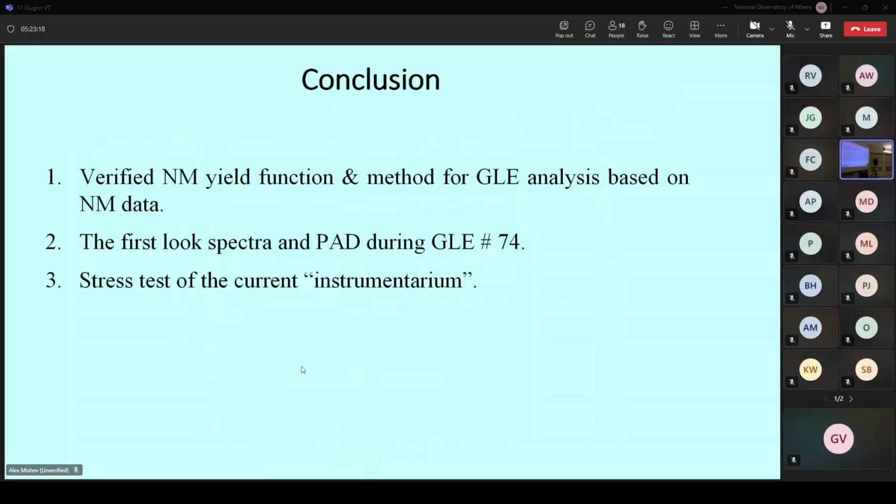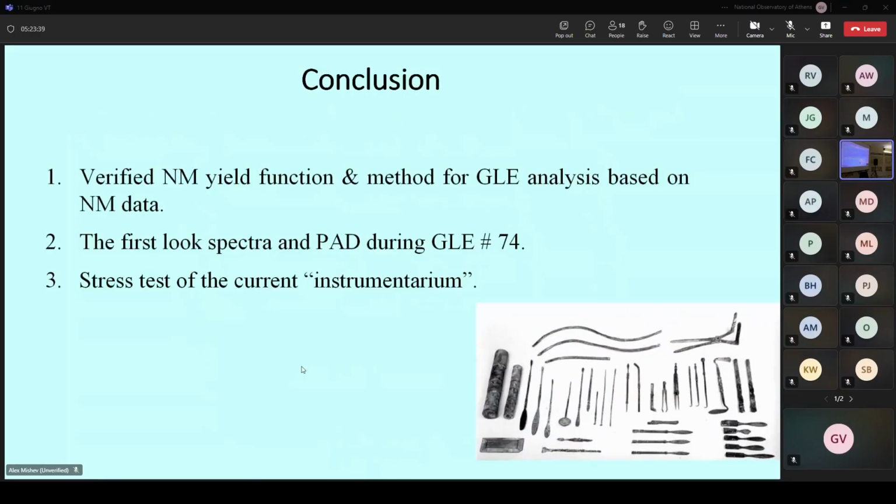Using a new generation of verified neutron monitor yield function, we are giving the first spectra and angular distribution during GLE 74. And this event can be considered as a stress test of our current instrumentarium, which is pretty old.